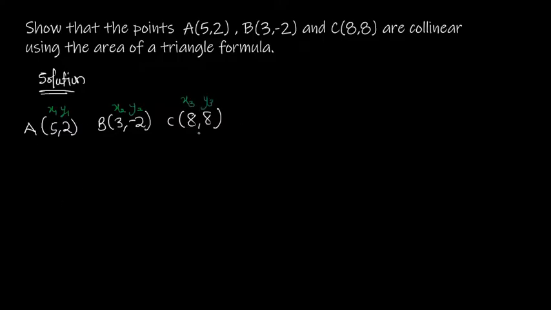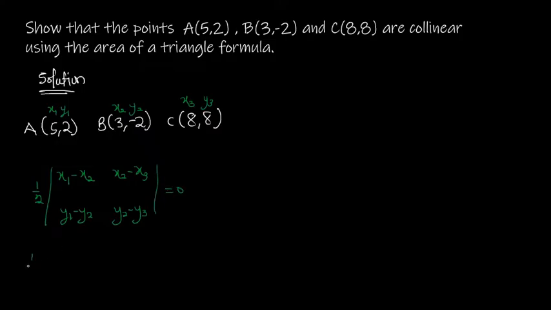And so I know that if points A, B, and C are collinear and I'm using the area of the triangle formula, it means that half x1 minus x2, x2 minus x3, y1 minus y2, y2 minus y3 should be equal to 0.